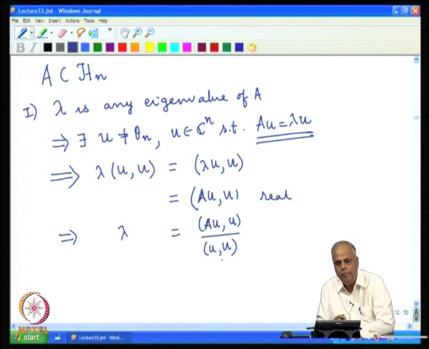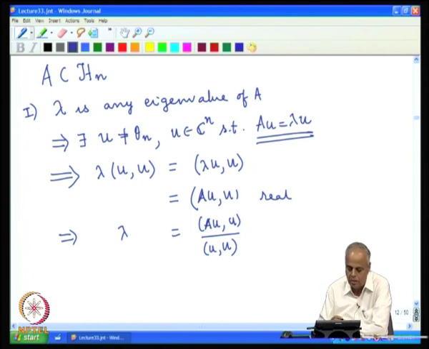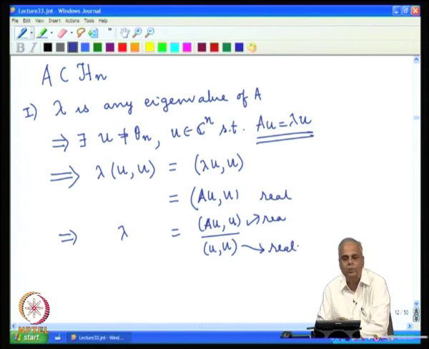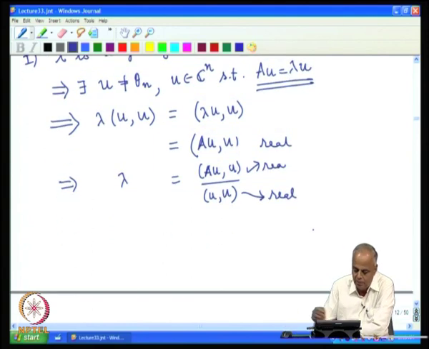I can divide by u comma u because u is a non-zero vector and hence u u will be a non-zero number. Now, on the right hand side, the numerator is real, the denominator is real because u u is always real and greater than or equal to 0. The ratio of two real numbers is real and therefore, lambda is real.